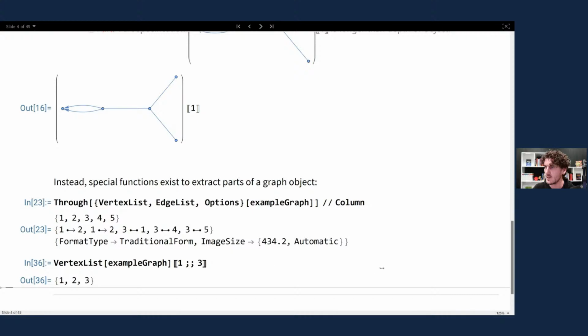So I hope that answered your question. Here we're saying, go inside VertexList of the example graph and tell us what the first three vertices are called. And then we could use that and say, now I've got what they're called, we could query the edge list with these, if that makes sense.